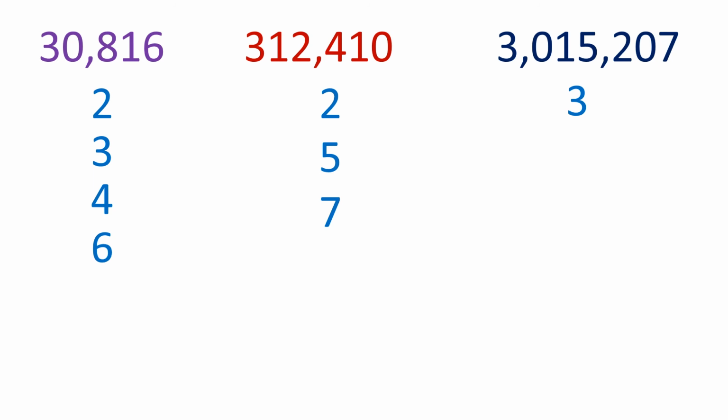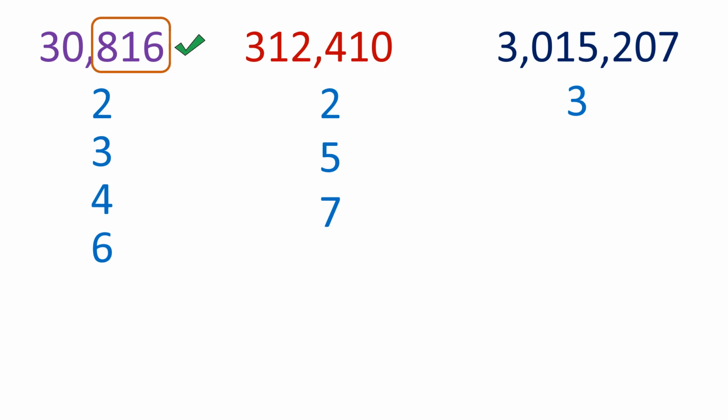So let's apply it to our numbers. The first number has the last 3 digits, which is 816. And we are going to try to divide this by 8. I will not show the procedure of dividing this, since it is expected that you know how to divide numbers. So I will just put the answer directly. This is actually divisible by 8.